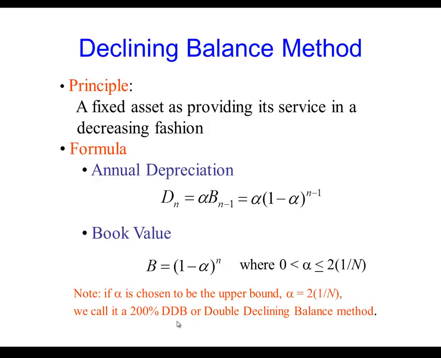Double declining balance is when alpha is equal to the upper bound. So the book value B will equal (1 minus alpha) to the power n.